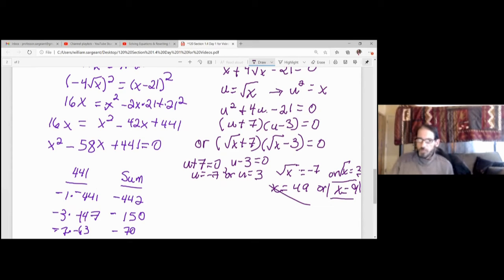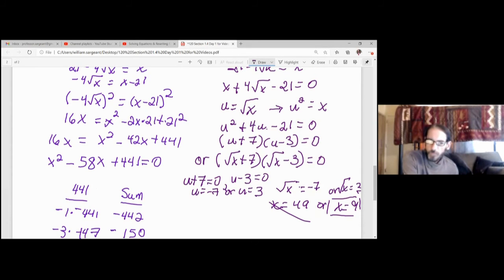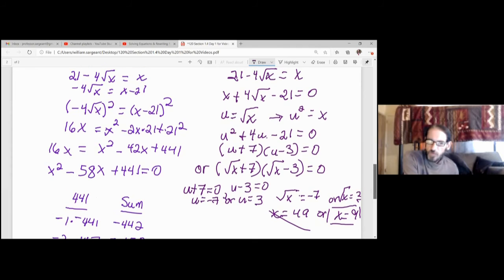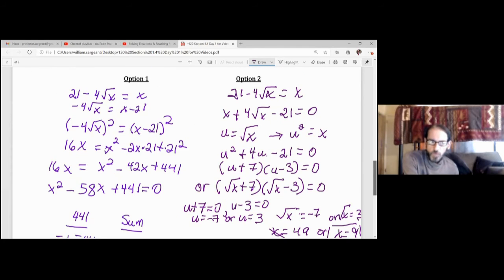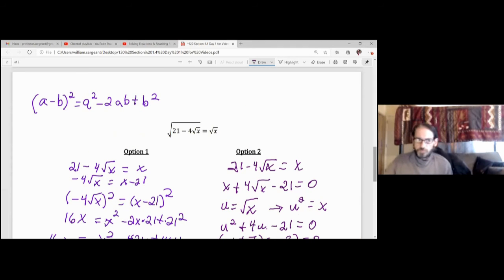And here it might be a little easier to see what's going on. Before squaring to get x, if we look at the square root of x equals negative 7, or the square root of x equals 3, going back to the original equation, the square root of x was equal to 3.